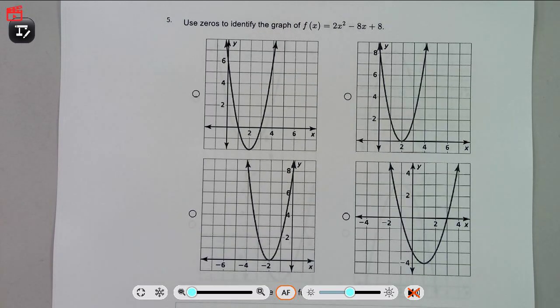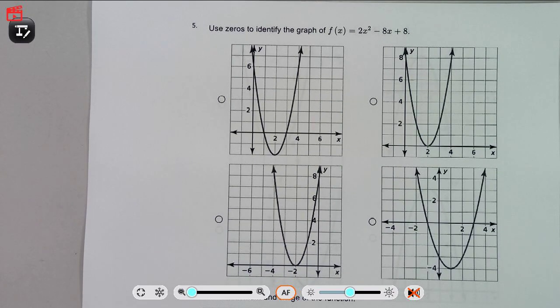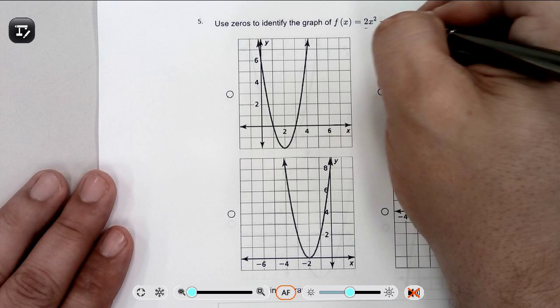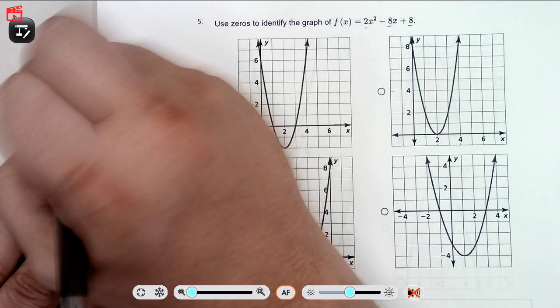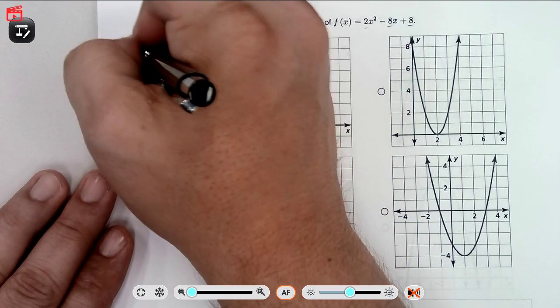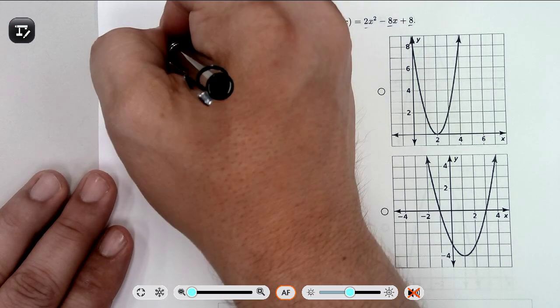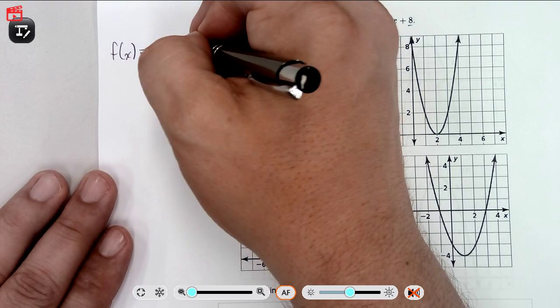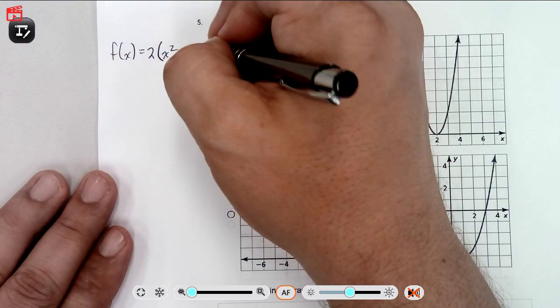On to number 5. Use zeros to identify this graph. Well, to identify the zeros, I'm going to have to solve the function or convert it to intercept form, which means I'm going to have to factor it. First thing I'm going to do is factor out the GCF. So we have f of x, 2, x squared, minus 4x, plus 4.